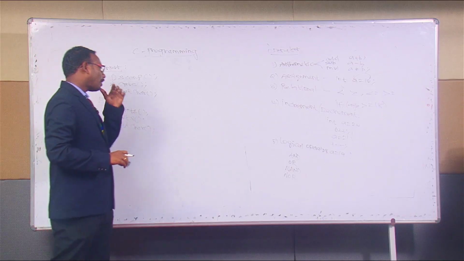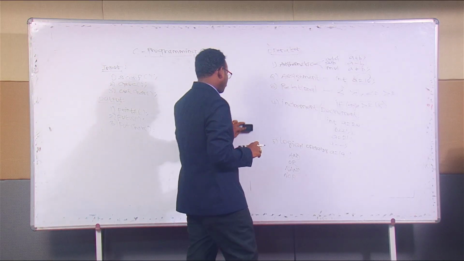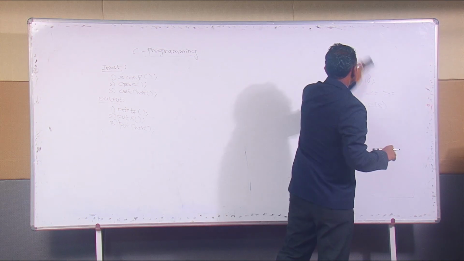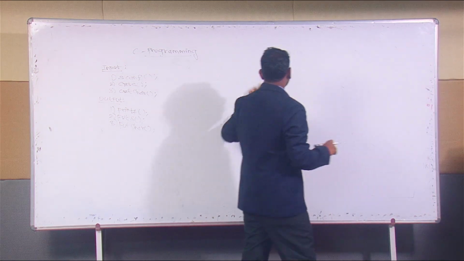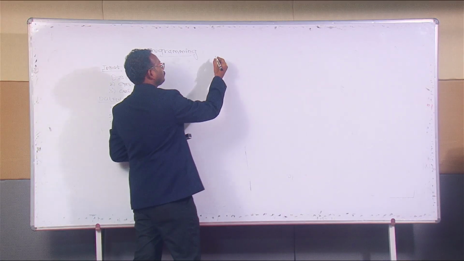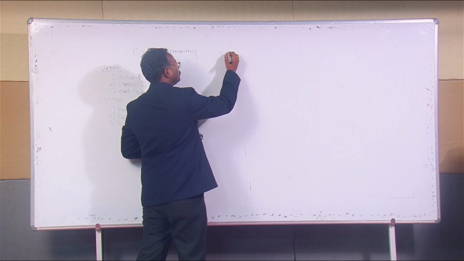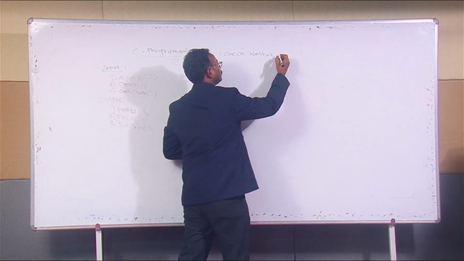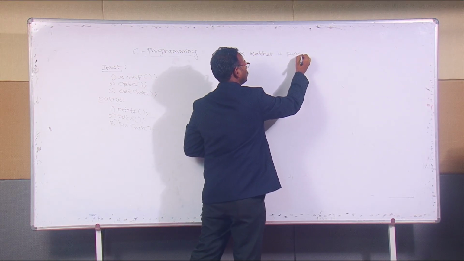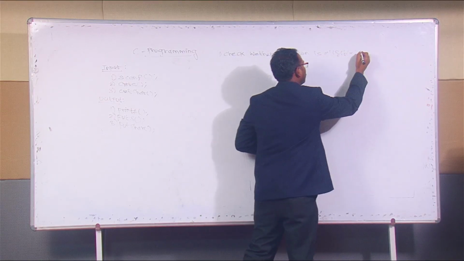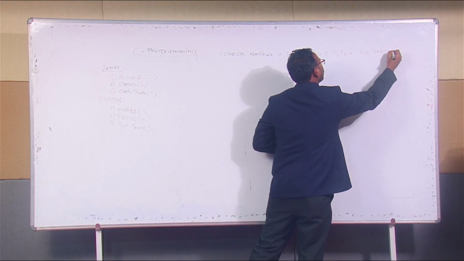Okay, now I will write a simple C program to show how we can use the C programming language. For example, I am going to write a program to check whether a person is eligible to vote or not.